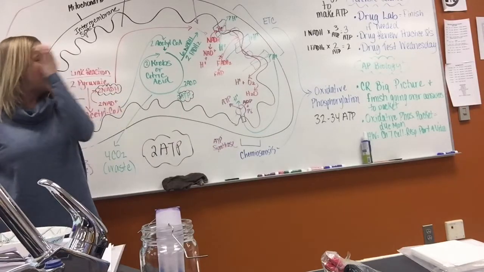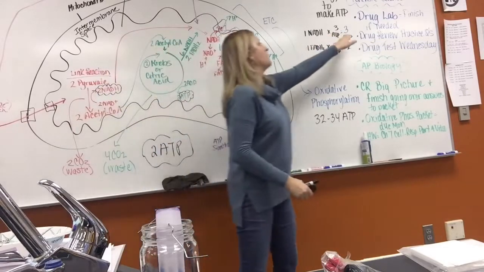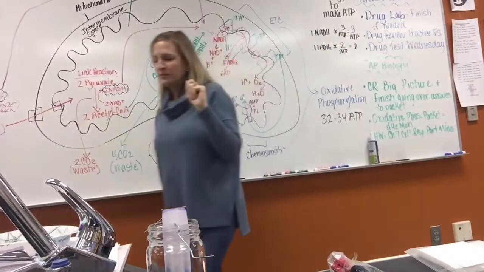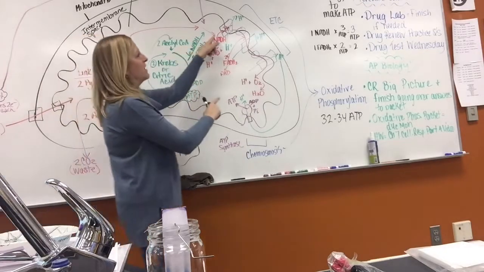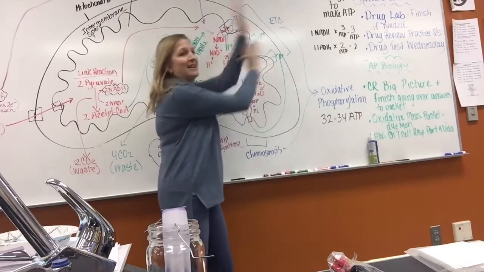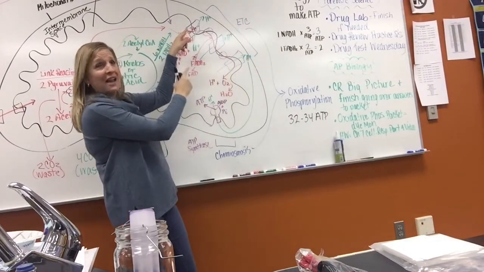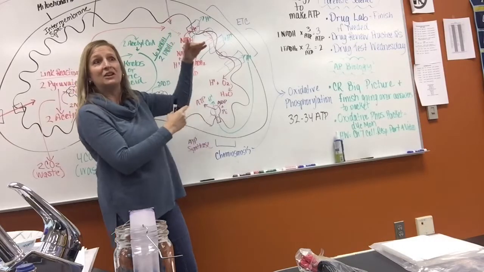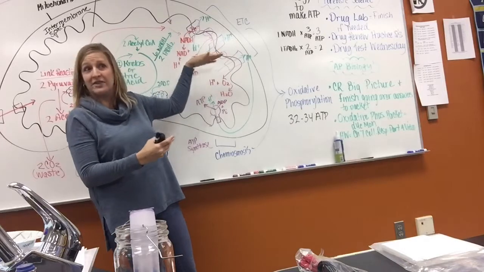In fact, they now think, so we're going to go with this for simplistic case here. I rounded 3 and 2. But they really think, in their current research, that when the electrons go through for an NADH, it's actually 10 hydrogens that get pumped here. So they're not sure exactly how many. It's not as clear cut as 1, 1, 1 or 2, 2, 2, because 10 is not easily divisible by 3.